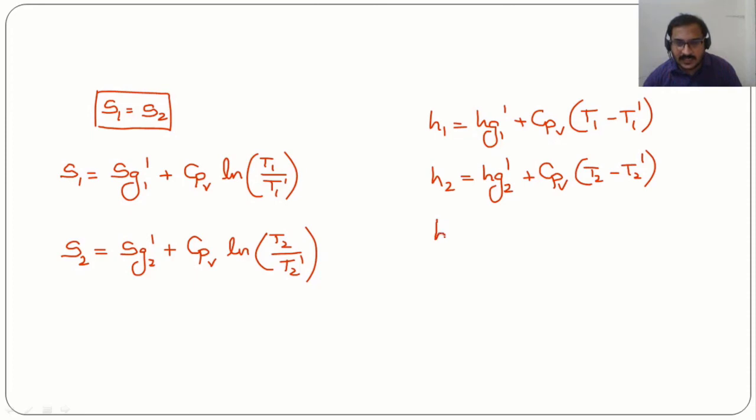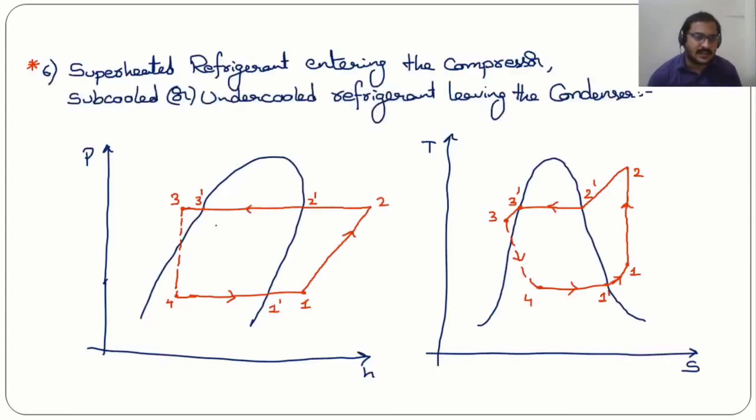Now here H4 will be equal to H3 but not equal to HF3. The reason is, in this particular case you can observe that H4 enthalpy is equal to H3, and HF3 means enthalpy of liquid is up to this particular point.